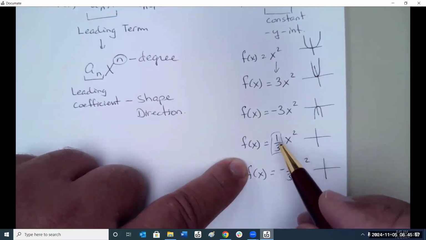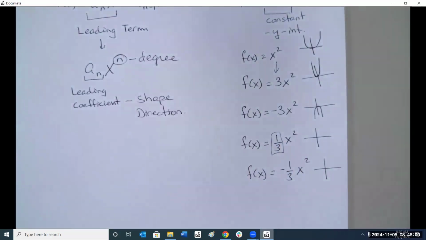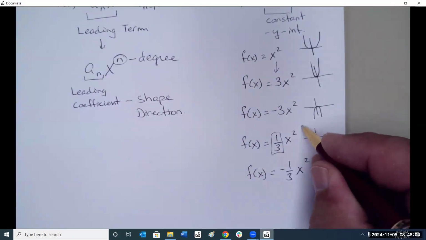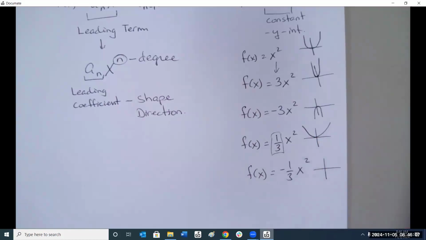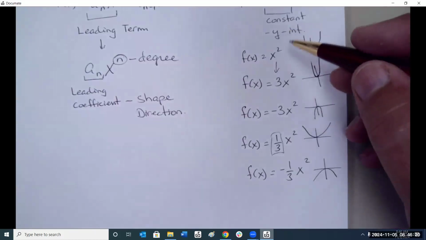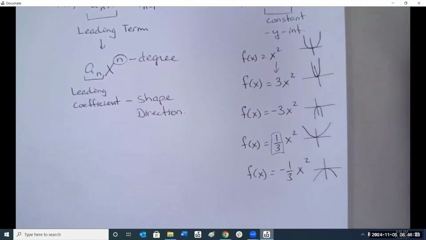Is it going to stretch it or is it going to shrink it? It's going to shrink it, so it's going to be wider. Then the last one is just upside down. So you see the leading coefficient gives us the shape. Is it going to be wide or narrow? And the direction. Does it go up or does it go down?